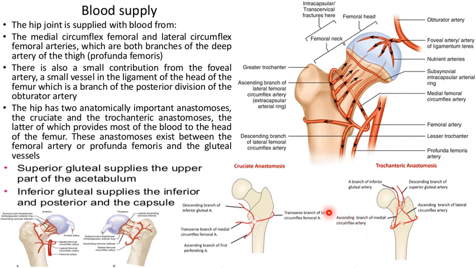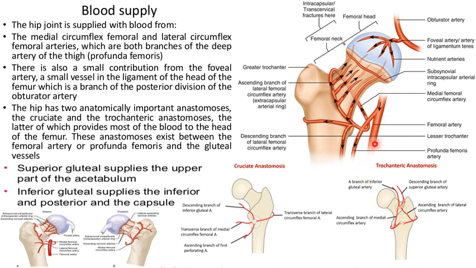So, of which the trochanteric anastomosis provides most of its blood supply to the head of the femur, where from this the ascending branches or the retinacular branches, they ascend through the retinacular fibers, which are the reflected fibers of the capsular ligament that gives way for these retinacular arteries, which are the branches from the ascending branch of the lateral and medial circumflex femoral arteries.